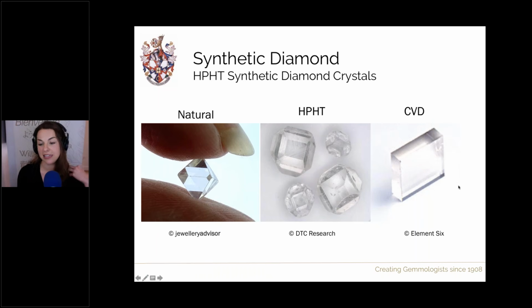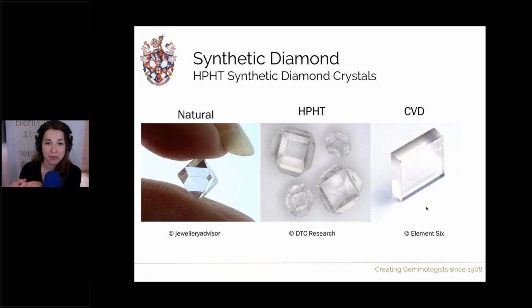And in CVD, well, you would never think that this was a diamond at all. Really, the outline depends on the shape of the crystal seed that they grew on top of. So this can be all sorts of shapes, but often they just use square or round seed crystals. And when the diamond starts to grow on these crystals, they grow in just one direction, which is upwards.